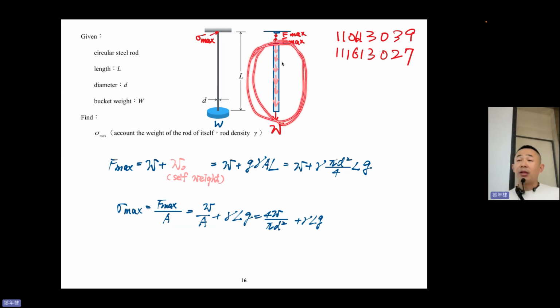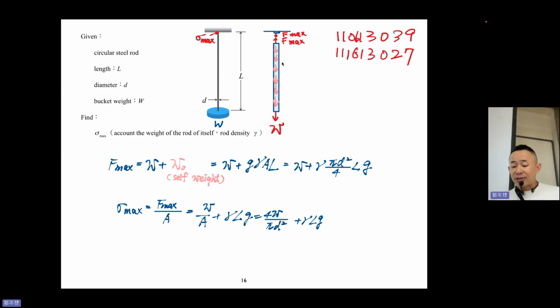We know that each part must follow the equilibrium equation. So in order to maintain equilibrium, we need to add some force on it, and then calculate the internal force at that point.